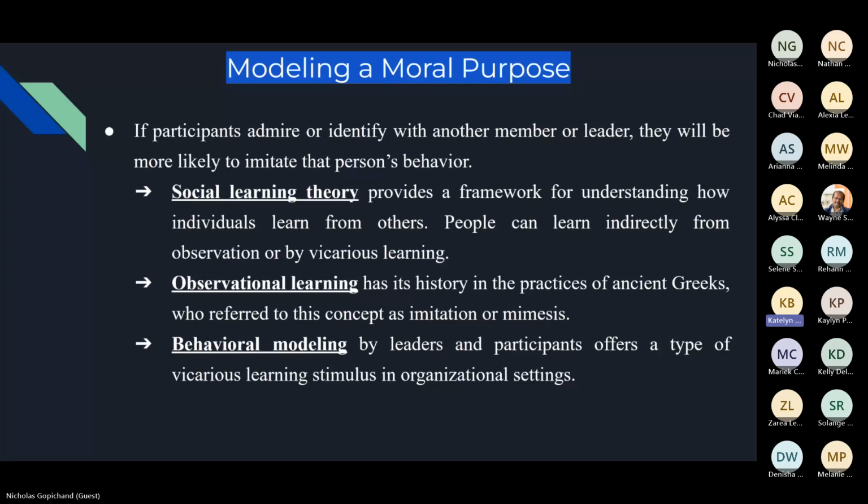Observational learning has its history in the practices of ancient Greeks, who referred to this concept as imitation. Behavioral modeling by leaders and participants offers a type of vicarious learning stimulus in organizational settings.